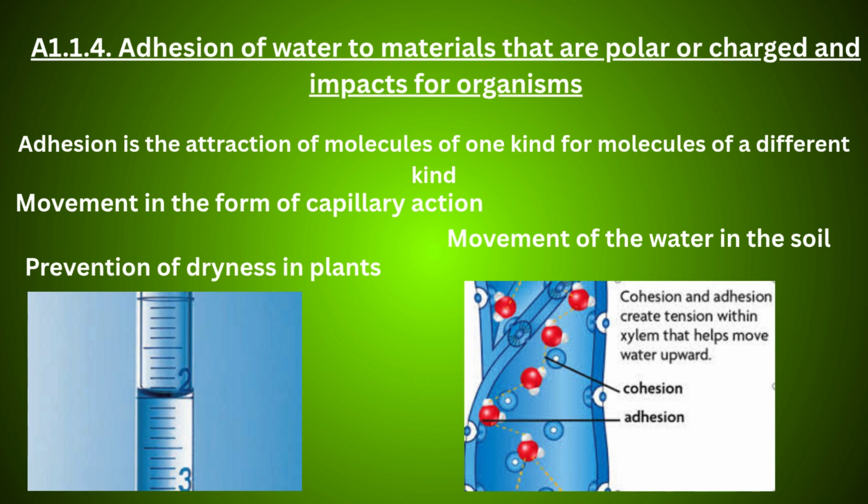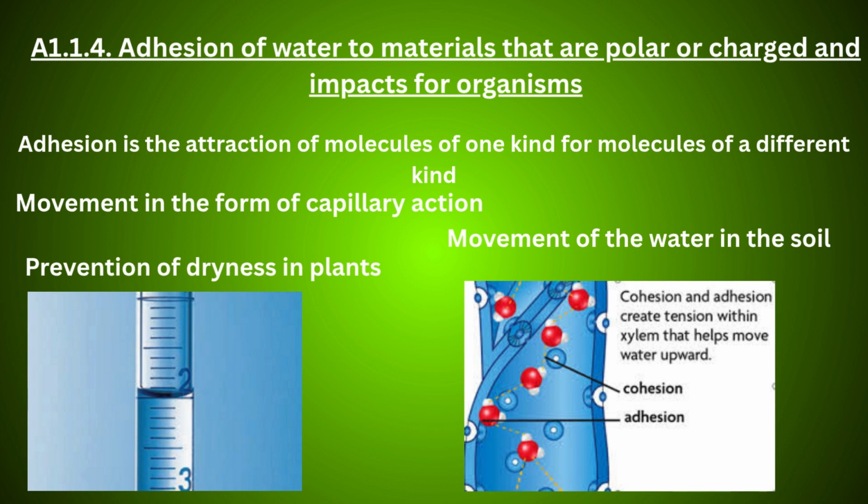Now you may have noticed when you put water in a tube like a graduated cylinder, it doesn't form a line straight across, but rather a bit of a U-shape. This we call meniscus, and this is all due to something called capillary action. Capillary action is a result of adhesion. Adhesion is the attraction between water molecules and a solid surface.